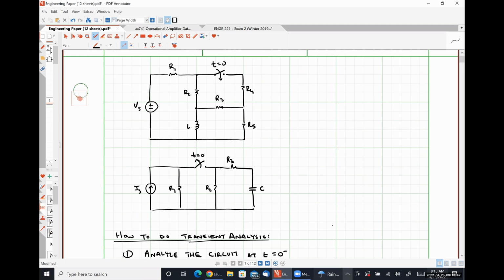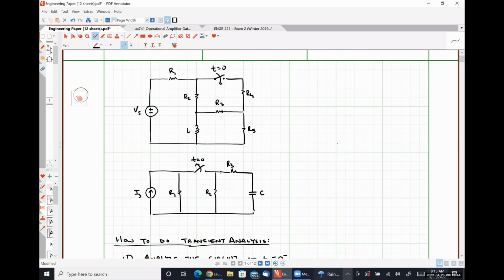All right, so if I scroll up here, the top circuit is an example of when you would have to analyze it at infinity because the voltage source is still connected in some way, shape, or form to the inductor L at t equal to infinity. So a long time after the switch is closed, the voltage source is still influencing the behavior of the inductor.